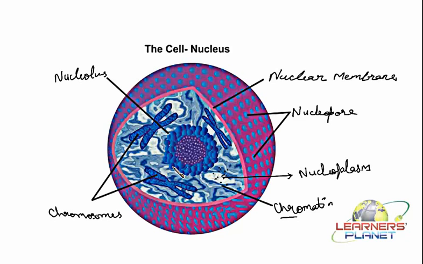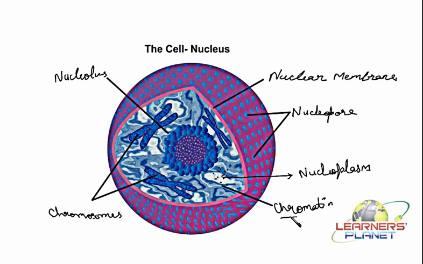In that case, this membrane is not present, but of course the nuclear material, that is the chromosomes or the chromatin, is present in a particular region, and that region is known as the nucleoid. So whenever questions are coming, keep in your mind whether it is a prokaryotic cell or a eukaryotic cell, right?